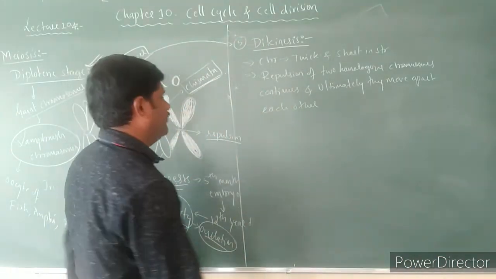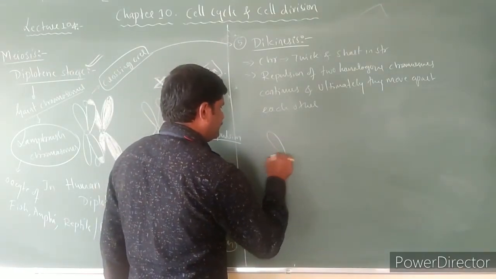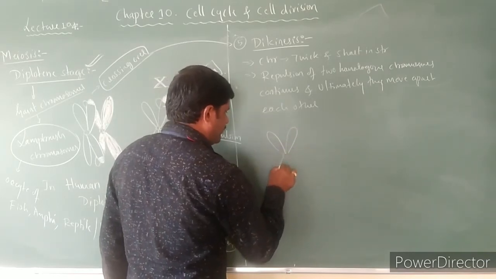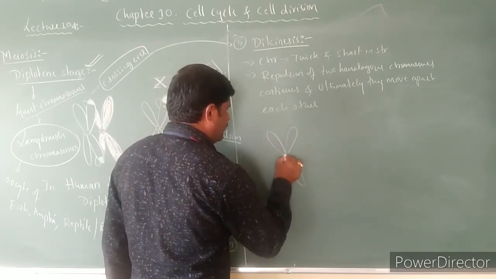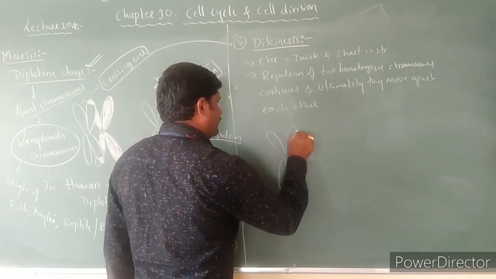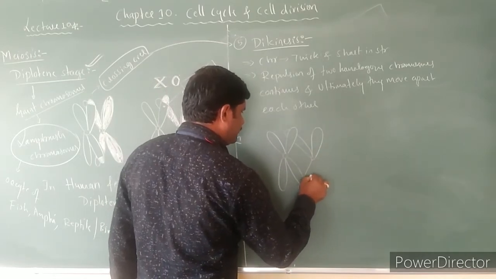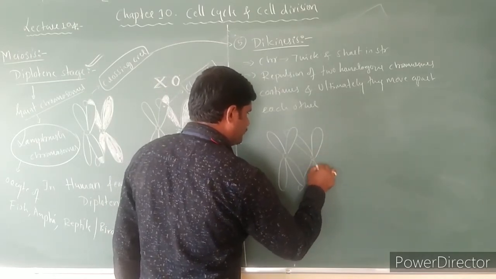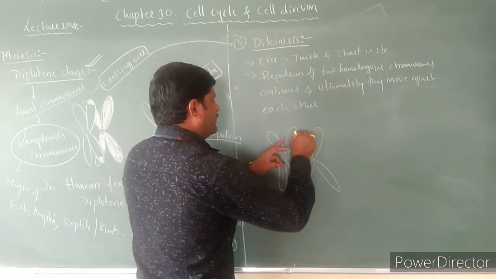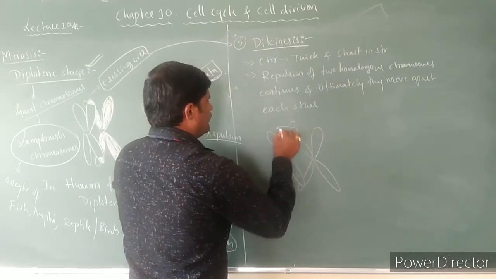Here is one chromosome and this is another chromosome, where the chiasmata is seen. With the gradual movement of the chromatids, this moves like this and this moves like this.